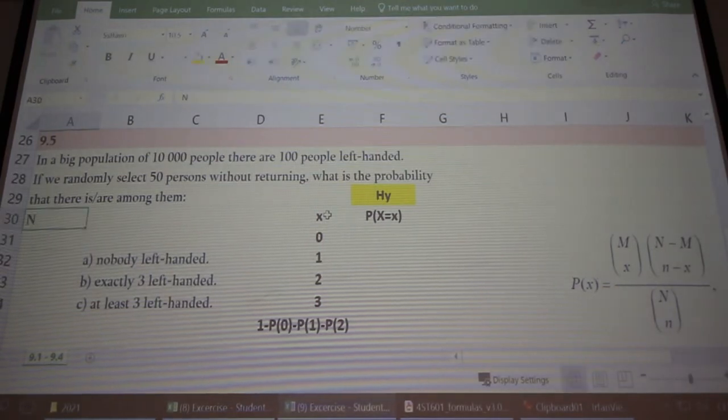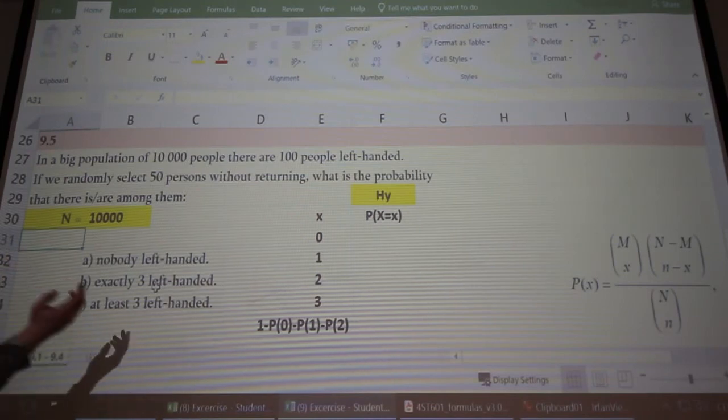We need to know parameter N, which will be equal to 10,000. Can you see here I have a parameter N. N is equal to 10,000.